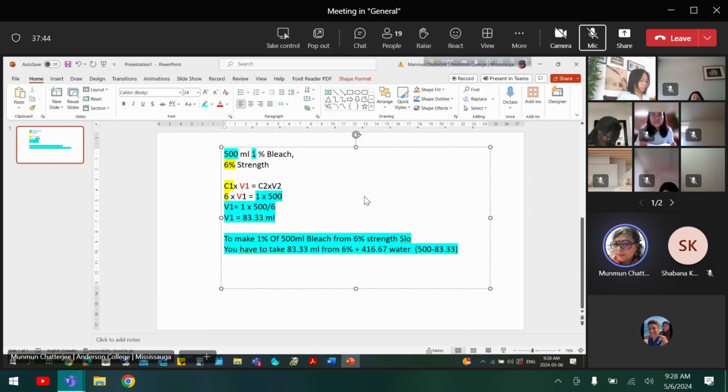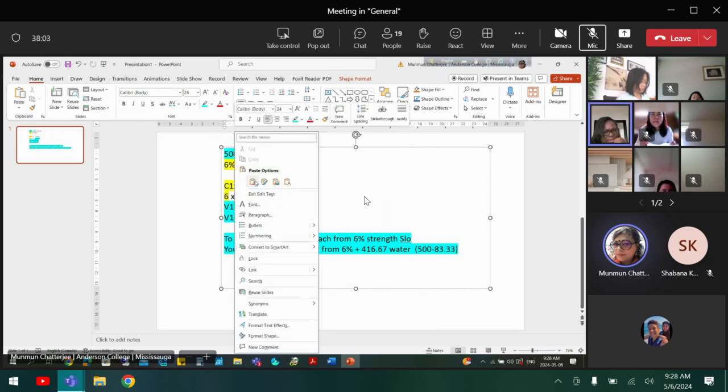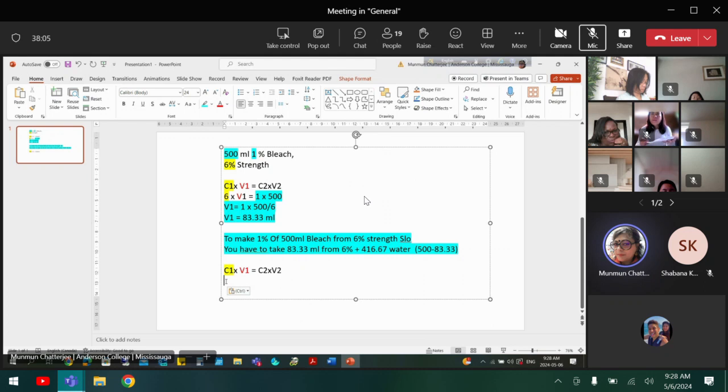Because you have to make 1% and 500, both will go on the same side. Whatever you have to make, that will go on one side. It doesn't matter, I can do the opposite way, but it's going to be the same result.